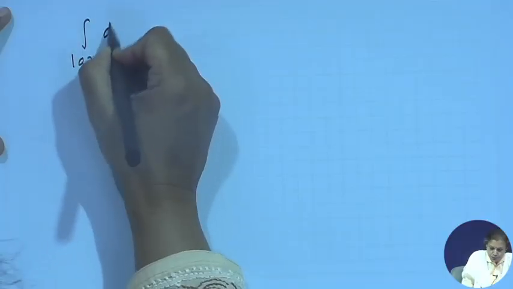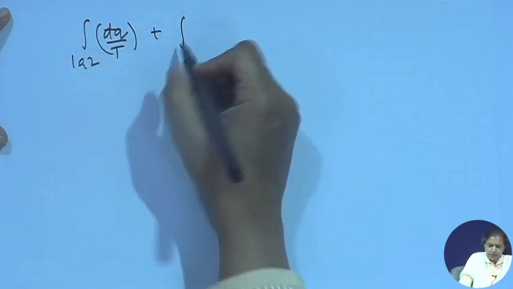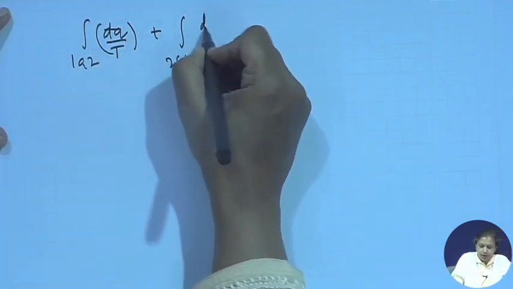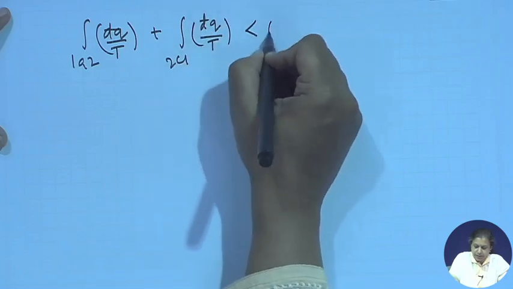Elaborating this, we get integral 1A2 dq by T plus integral 2C1 dq by T, which is less than 0.